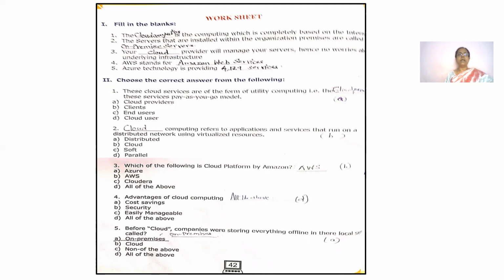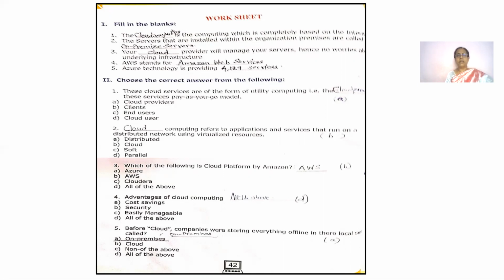And also, how many types of services does Azure provide? 4,129 types of services. The cloud services are in the form of utility computing, also called cloud providers. This dash computing refers to applications and servers that run on a distributed network, and they are the clouds.